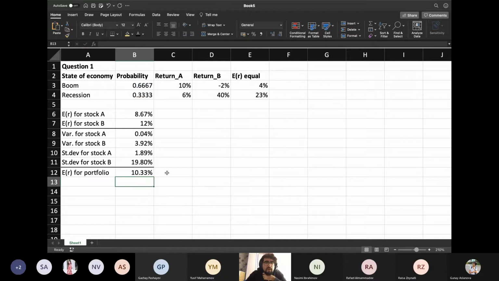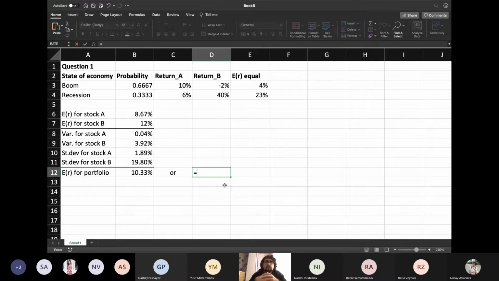I hope it's clear. Or we can find the expected return in another way, because we calculated expected return for stock A and for stock B each separately. So if we are investing in equal proportions in stock A and stock B, in order to find expected return on portfolio, we can easily write expected return from stock A with 50% weight plus 0.5 weight for stock B. It's also the same as we did before.